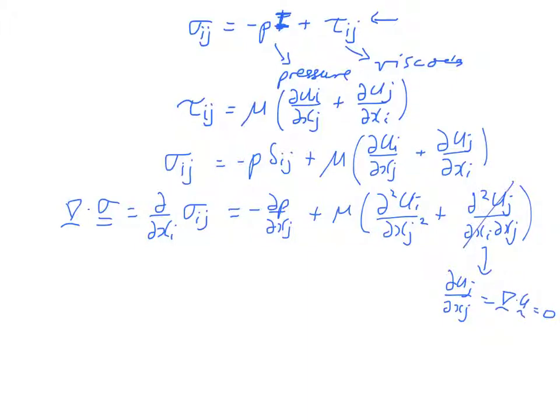So this part cancels, and if you want to see that unpacked, we do the matrices specifically, a matrix version of this in the handout. It's just a pain to write, really.